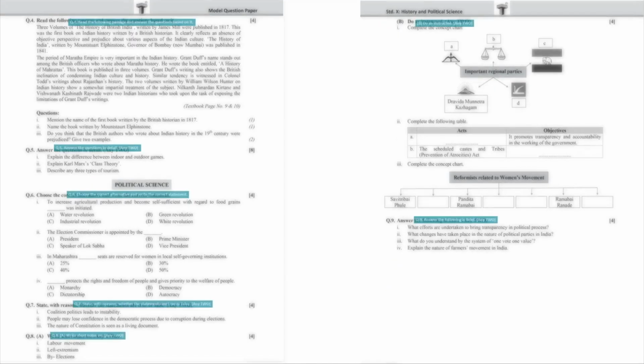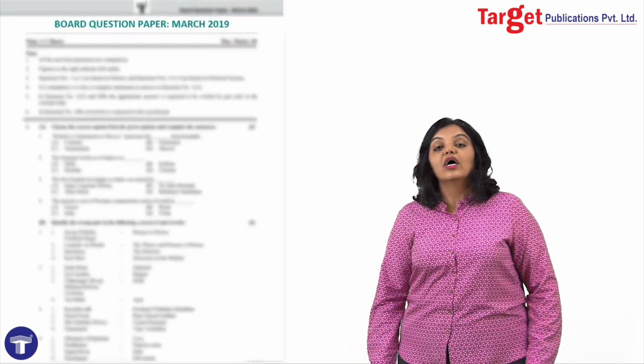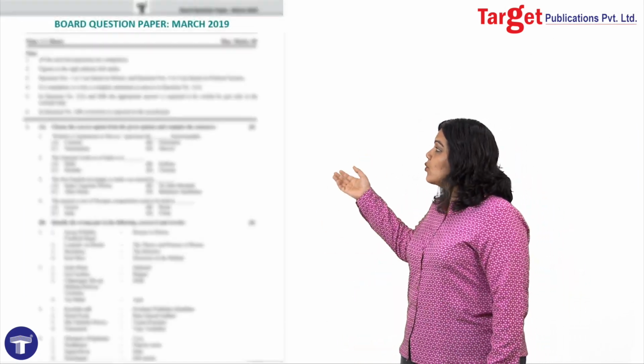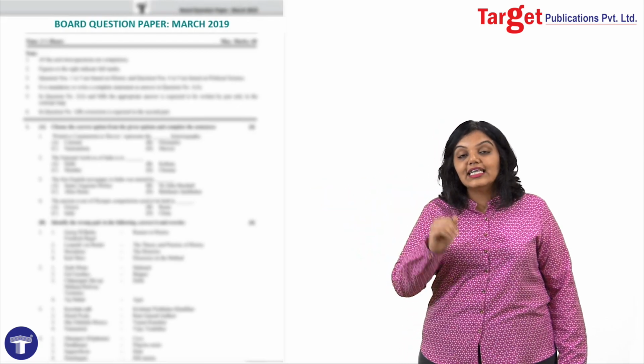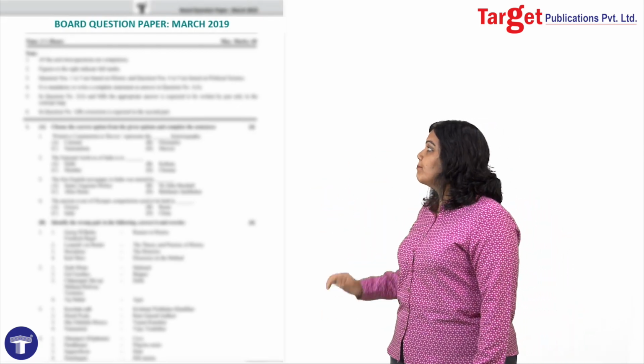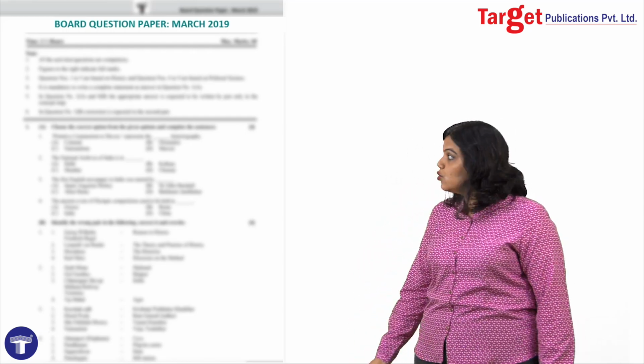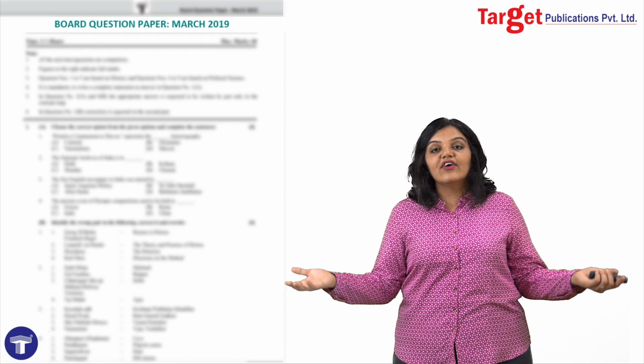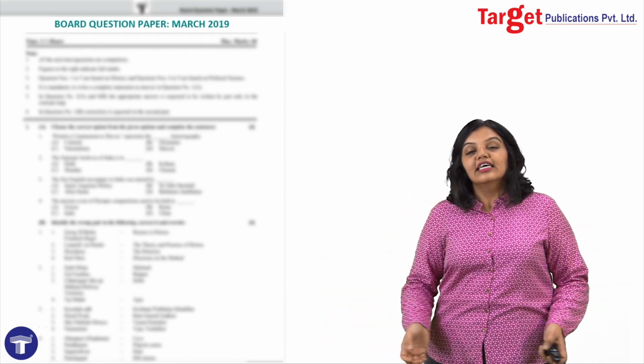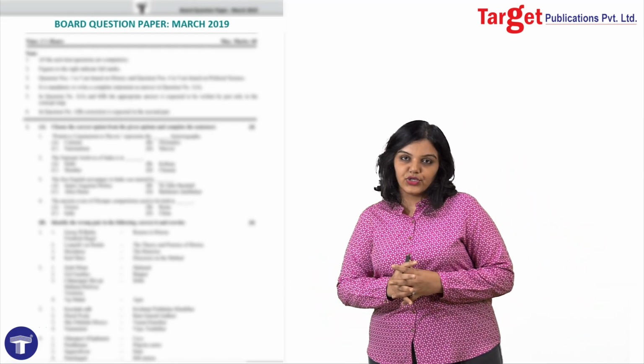So this is the model question paper that has been included in your book. And with the cherry on top, we have also included the board question paper, that is the 2019, the latest board question paper for this paper, also in our Target Publications notes. So as you can see, we have thought of completely everything. This completes what I wanted to talk to you about.